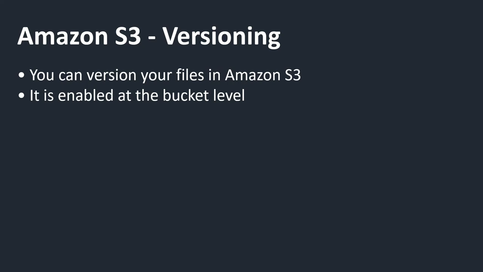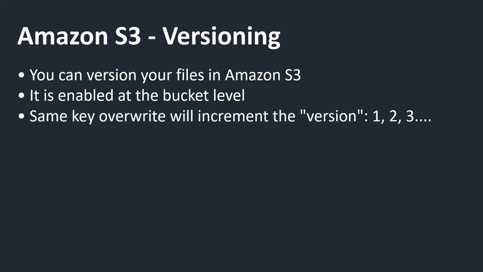That means that if you upload a file with the same key, it would seem like it overwrites it, but actually it will create a new version of that file. So instead of overwriting the file that already exists, it will create a new file version. I am simplifying here, but it will be version 1, then version 2, then version 3, and so on.